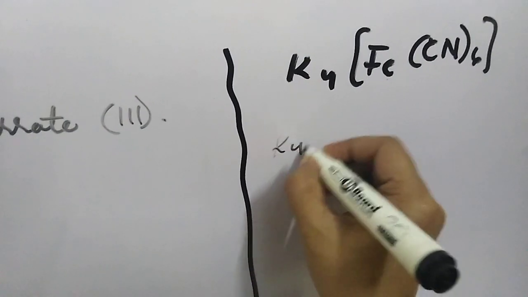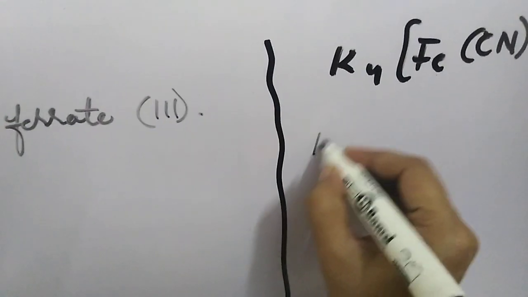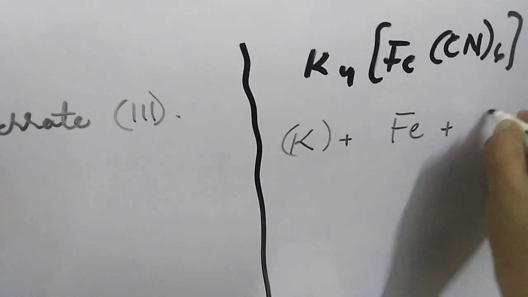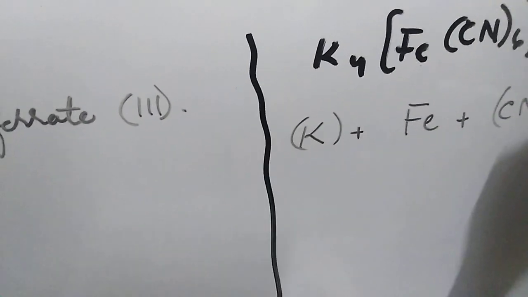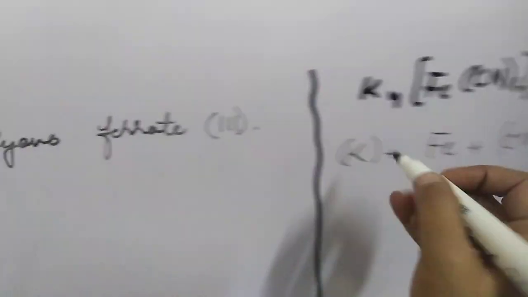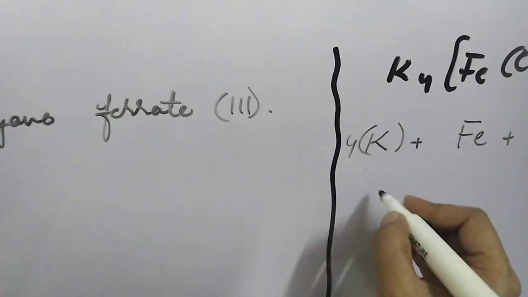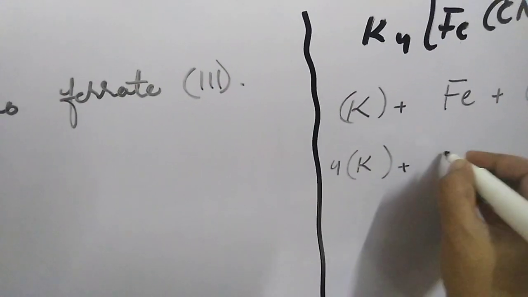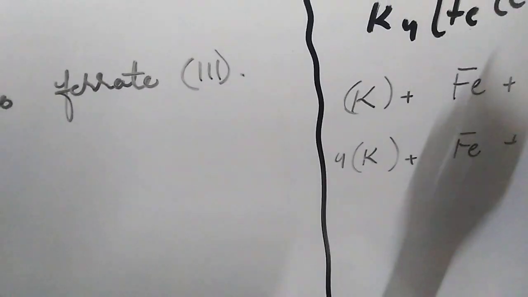In this style you will do it: K, then Fe, then CN, and then 0, because there is no charge on the overall molecule. Potassium has 4 atoms. In the second step, write down the number of atoms given in this complex.